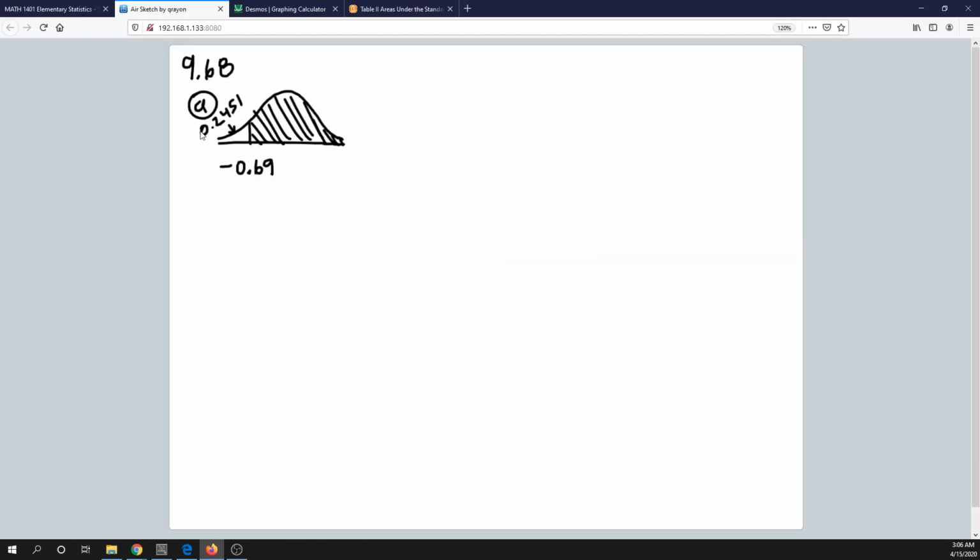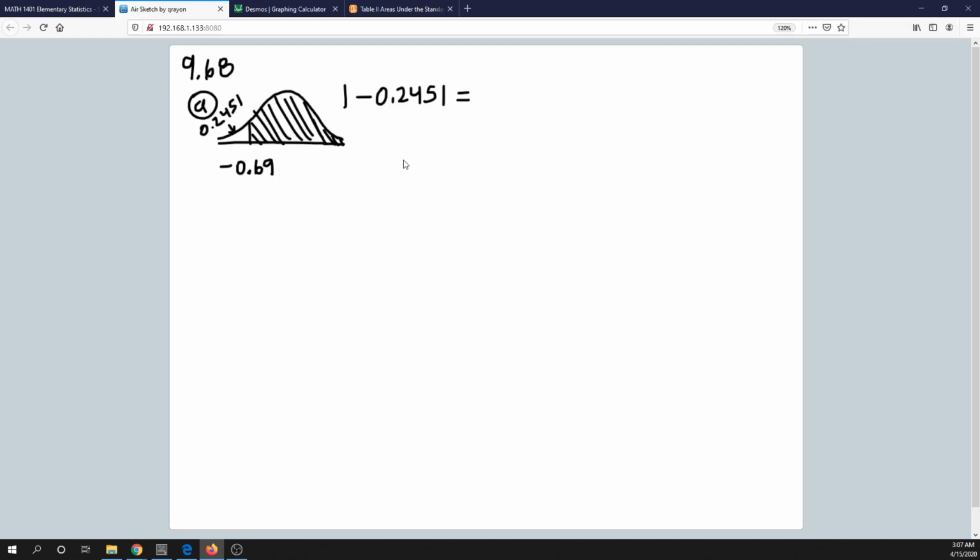So now looking here, that 0.2451 is going to be the area to the left underneath the standard normal curve to the left of minus 0.69, right? So this unshaded piece right here is not the part that we want. We want this part over here to the right. So we are going to subtract 0.2451 from 1, because we know that the total area underneath the standard normal curve is equal to 1.